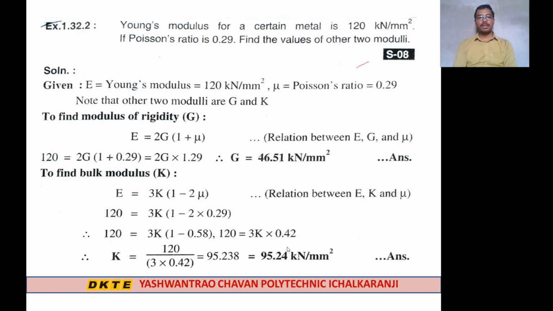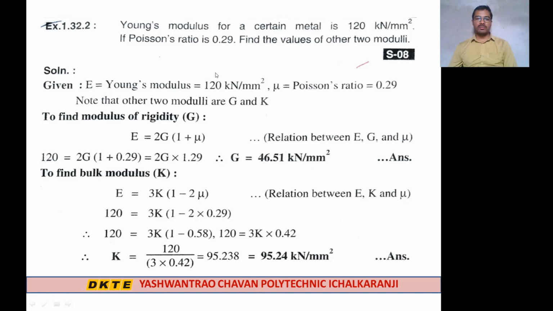Second problem. Young's modulus for a certain metal is 120 kilonewton per millimeter square. If Poisson's ratio is 0.29, find values of other two moduli. Other two moduli means bulk modulus and modulus of rigidity. E is given 120 kilonewton per millimeter square, mu is given 0.29.